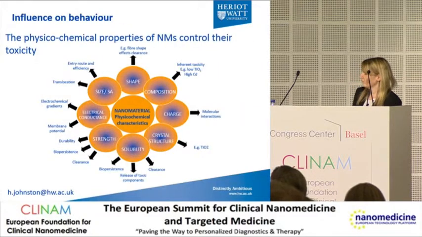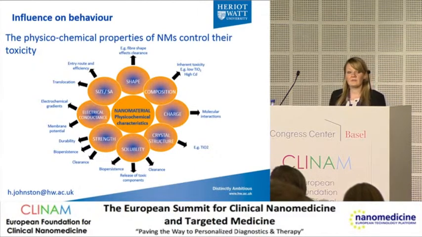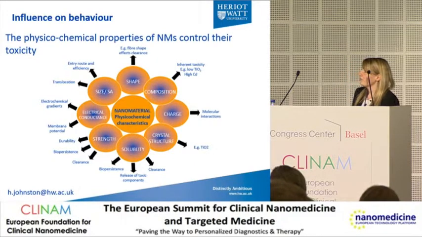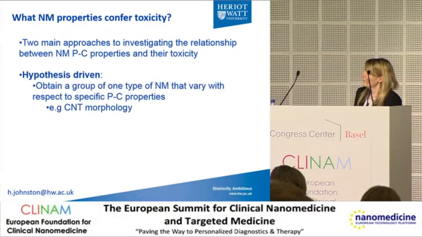I can't go through the impact of all the different properties of nanomaterials on their behavior, but needless to say, there's been a large number of studies that have tried to investigate the relationship between the physical-chemical properties of nanomaterials and their behavior in the body. There are two main approaches that are used by investigators to do this. The first one is a hypothesis-driven approach.